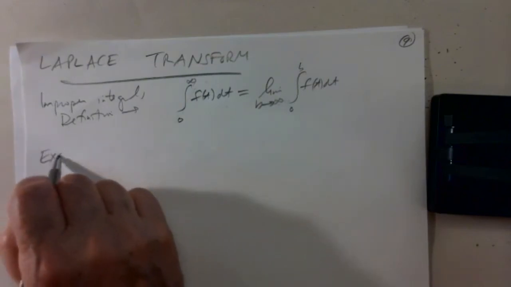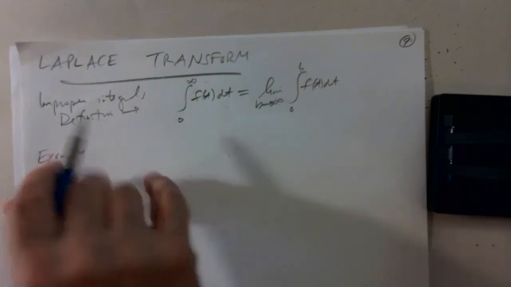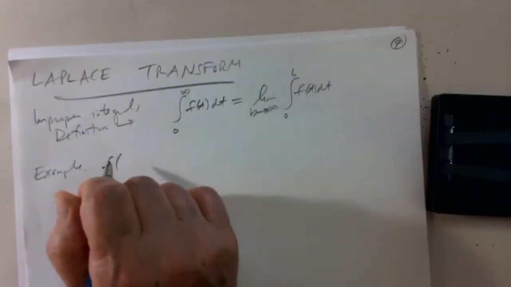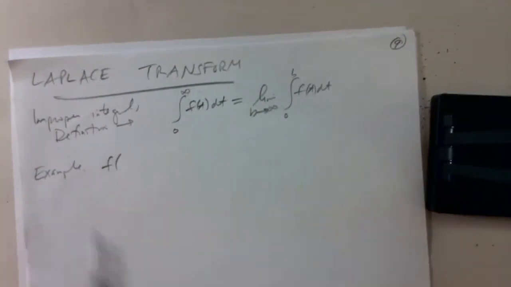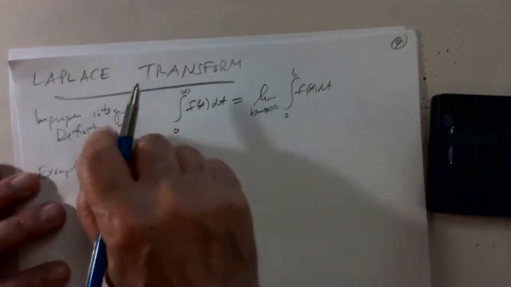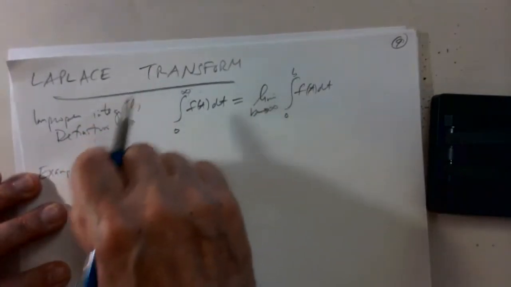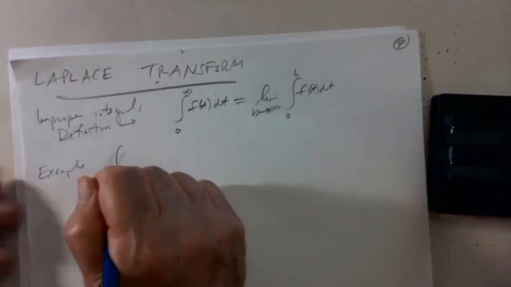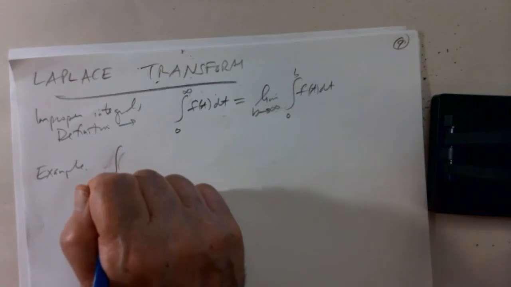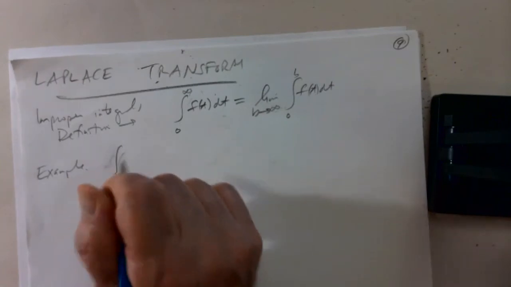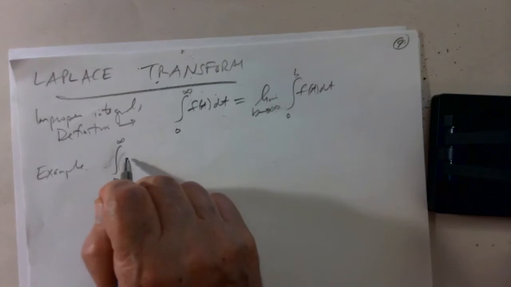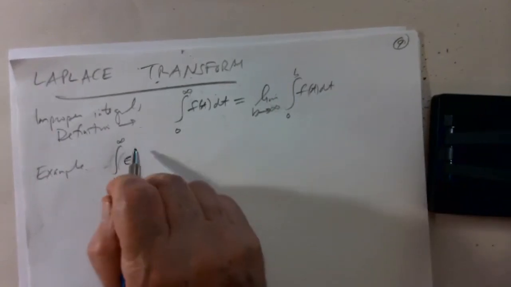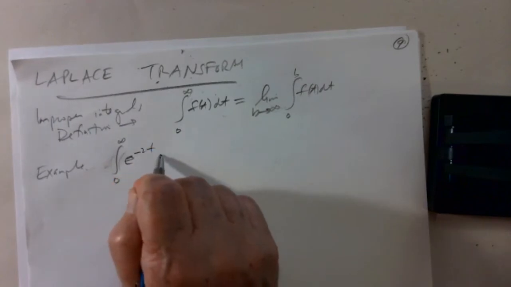So for example, suppose I take the integral from 0 to infinity of e to the minus 2t dt.